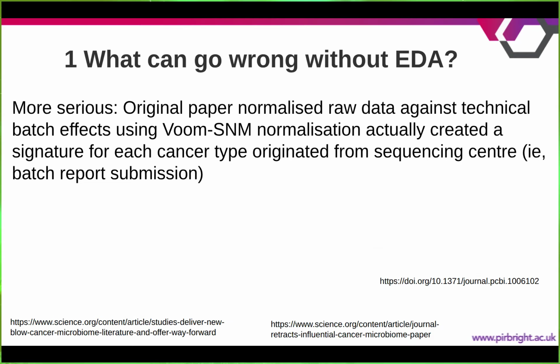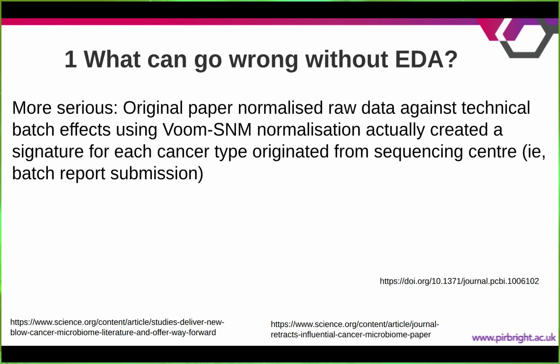What was more serious about this paper is that they normalized raw data against technical batch effects using VSNM normalization, which actually created a signature for each cancer type, but that was based on the sequencing center.